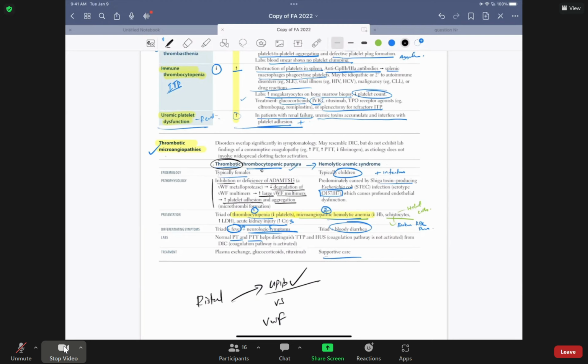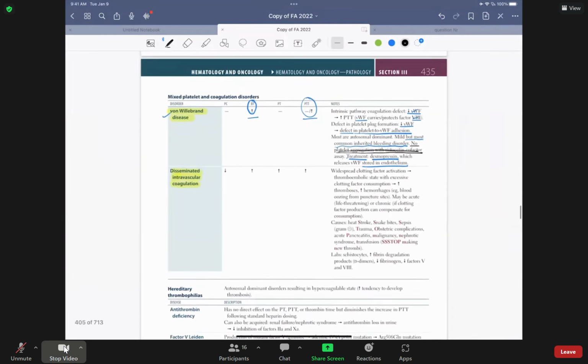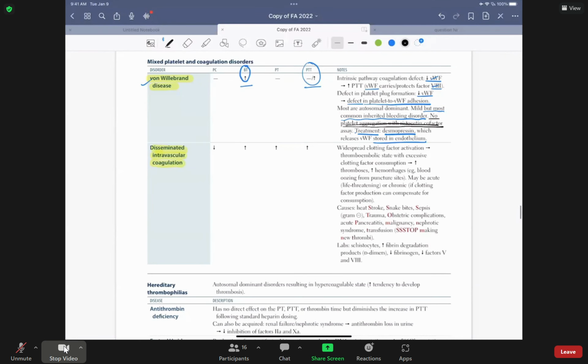Okay. I have a question, but let's finish one more disease and then we'll talk about it. Next, disseminated intravascular coagulation. Let's talk about this disease. In layman's words, this is the only medical condition in the body where clotting and bleeding are both happening at the same time.